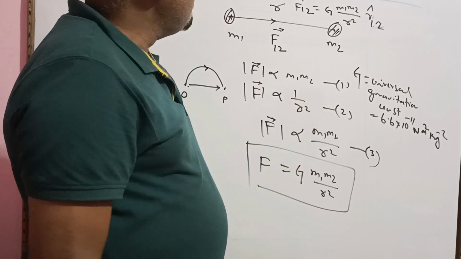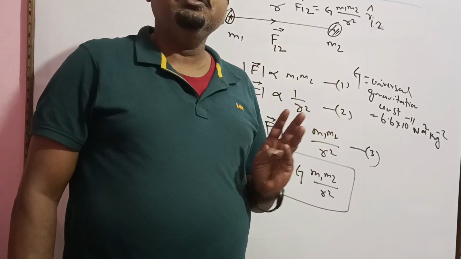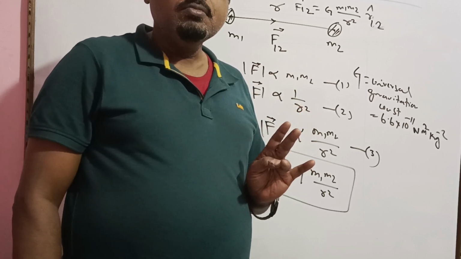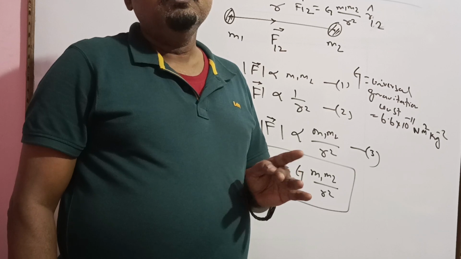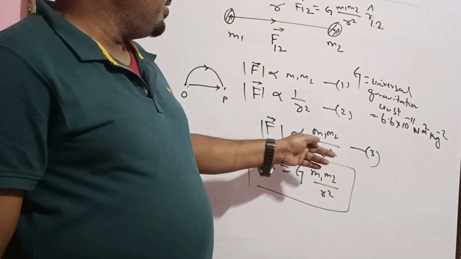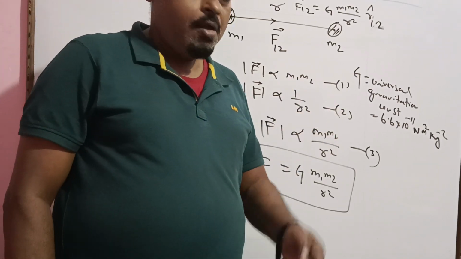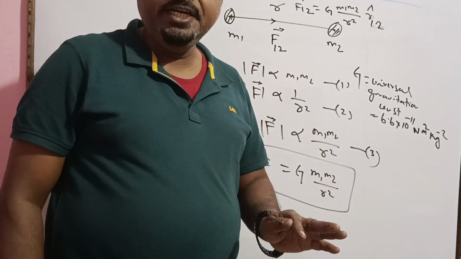Number one, attractive in nature. Number two, conservative force. Number three, obeys the inverse square law. Number four, medium independent.